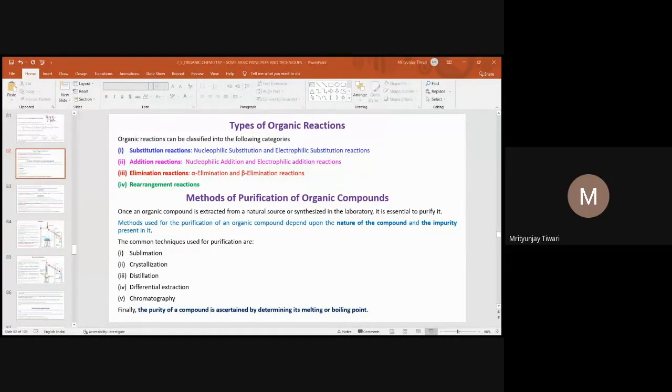But once these vapors go up, usually the liquid whose boiling point is higher will start condensing here, and condensation of the vapors of the liquid whose boiling point is lower also happens.